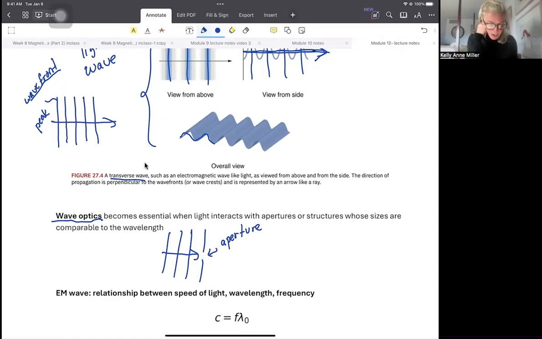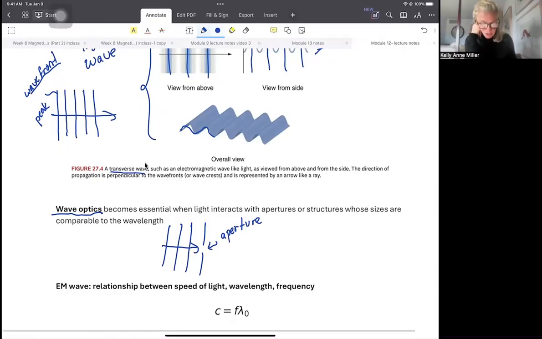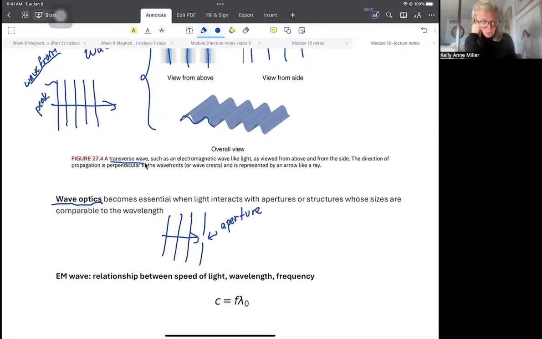And when we're talking about this, we're assuming, and this is a super important assumption with wave optics, that the length of the wavelength, one wavelength, is comparable in size to the size of the aperture.